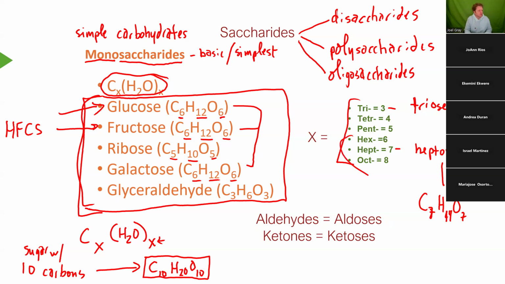Let's go with hexose. Hexose has a formula of C6H12O6.